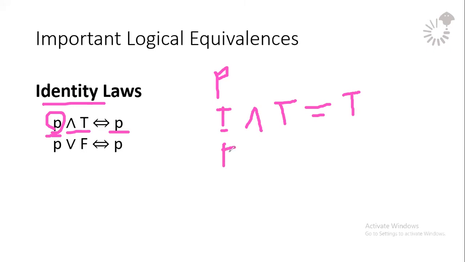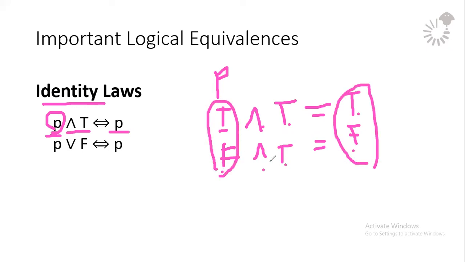If the proposition is false, the answer will also be false in conjunction with true. If we check, true and true is true, false and true is false. So whatever the value of the proposition is, that is the answer in conjunction with true. Identity law. Follow?